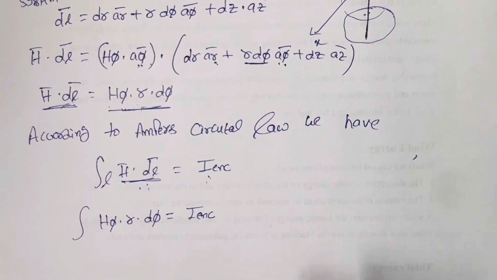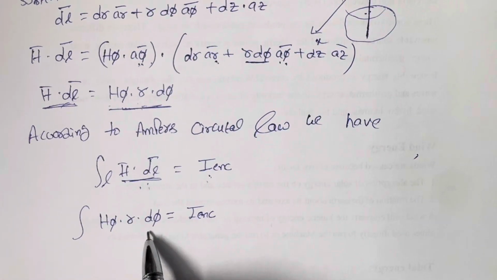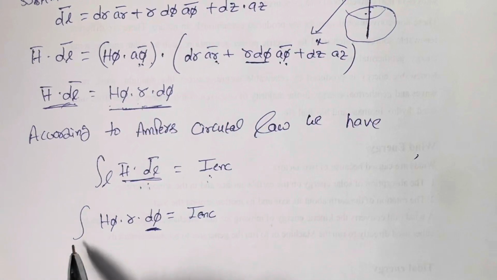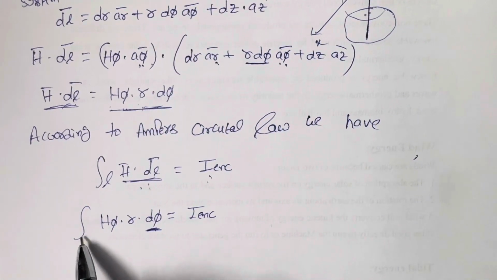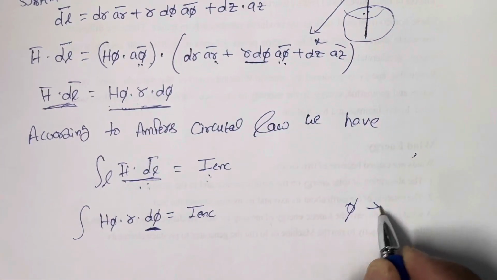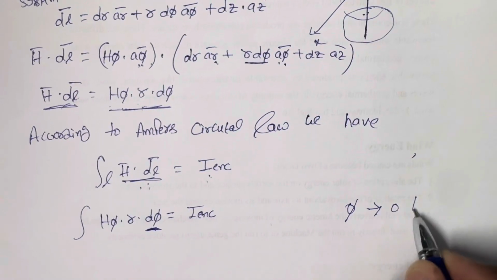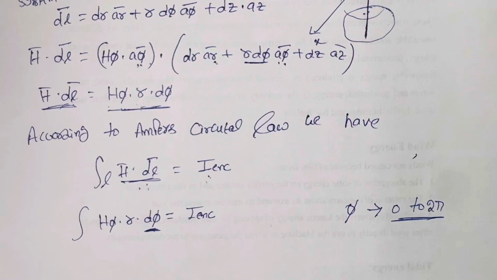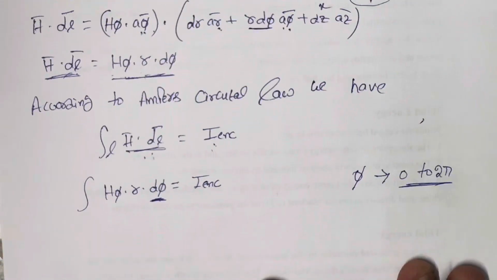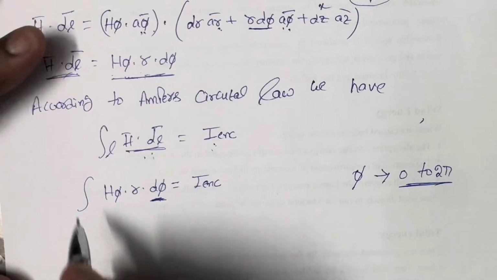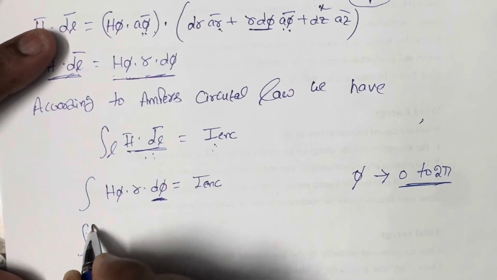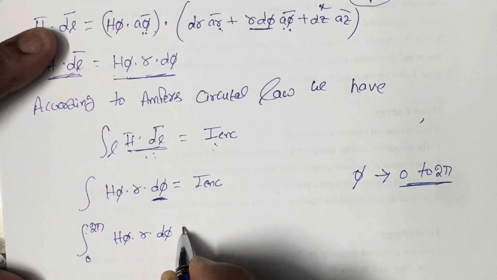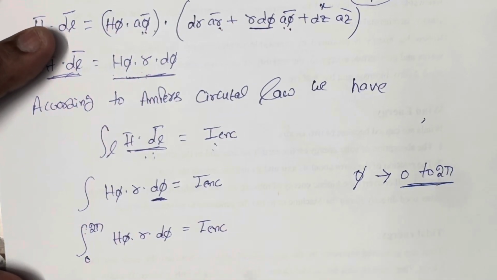Again look here, the differential term that exists here is d phi, so we have to apply limits for phi. We know that for phi the limits are 0 to 2 pi. So applying limits, the integral from 0 to 2 pi of H phi r d phi equals I enclosed.